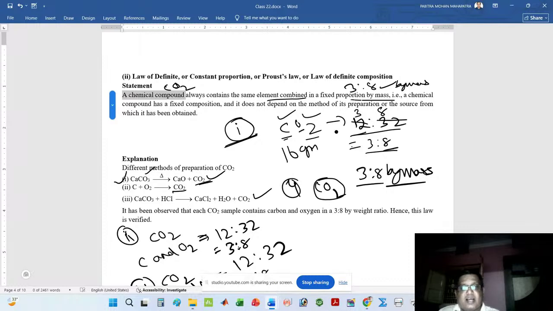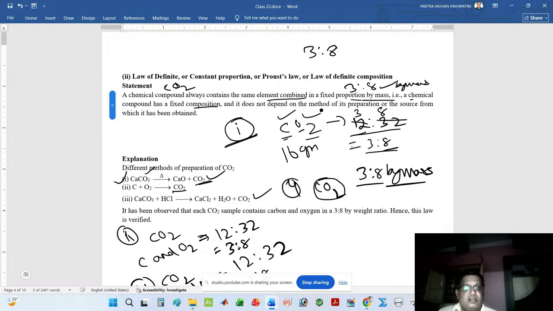Carbon dioxide, which I have given, is a chemical compound that has a fixed composition. Obviously, for the preparation of carbon dioxide, you will take one carbon, two oxygen, and you must maintain the ratio, that is 3 is to 8. And it does not depend on any method.